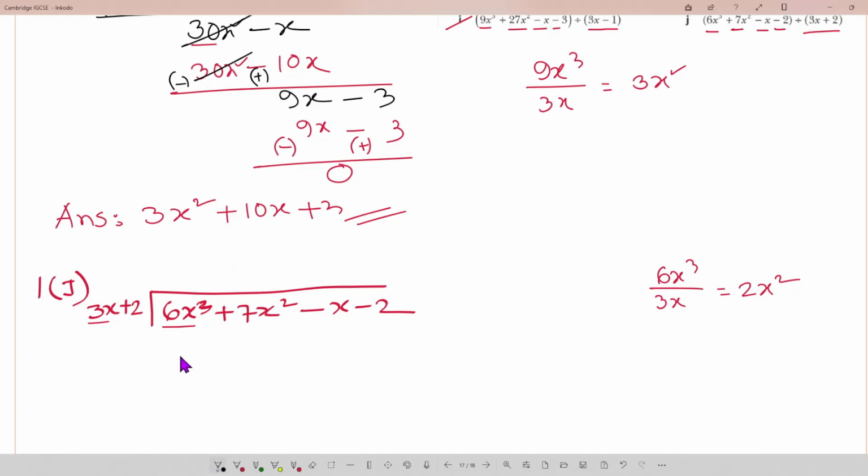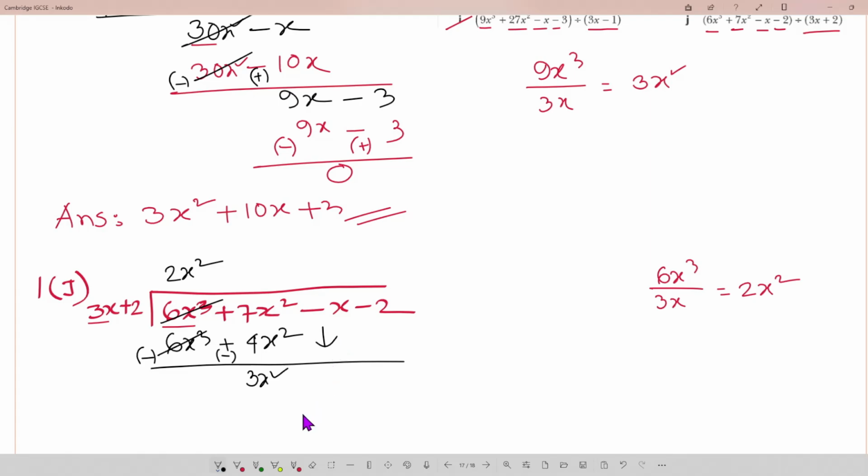So here is 2x square. 6x cube, and 2x square times 2 will be 4x square. Now we will subtract. So 6x cube minus 6x cube is out, 7x square minus 4x square will be 3x square.